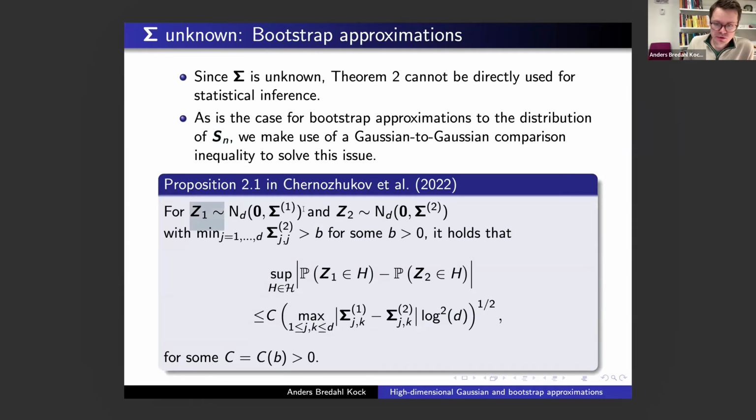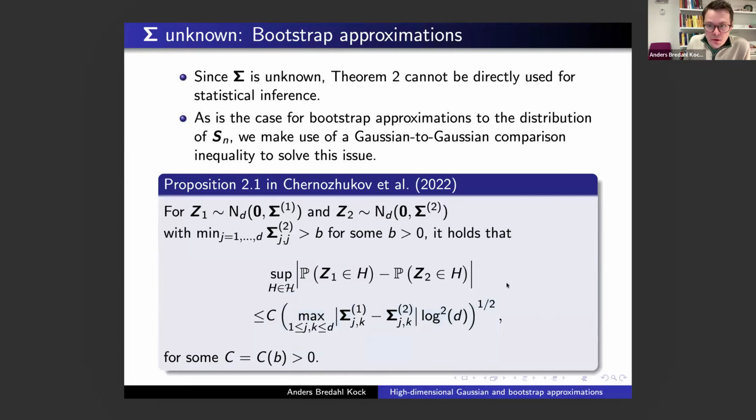Because if you have two normal distributions, both with a mean of 0 but different covariance matrices, well, then you can upper bound the probability uniformly over hyperrectangles. The difference between those probabilities with the different covariance matrices is bounded in terms of the maximum entry-wise distance of the covariance matrices. So this opens the door to me using an estimator of this variance-covariance matrix sigma, if the estimation error of my estimator is so small that this right-hand side vanishes.